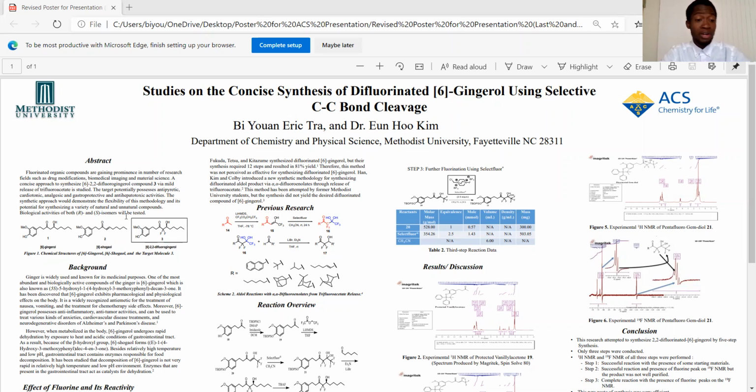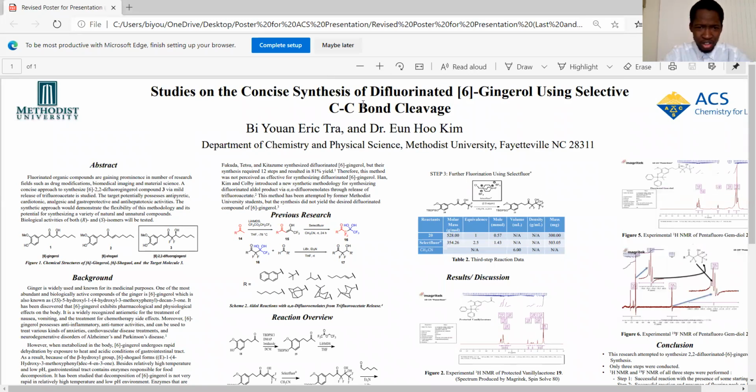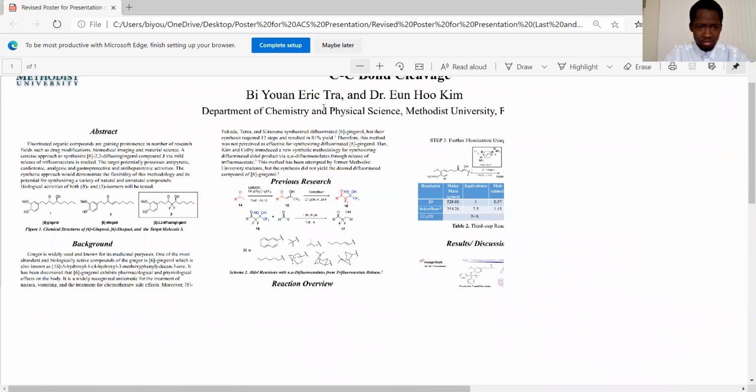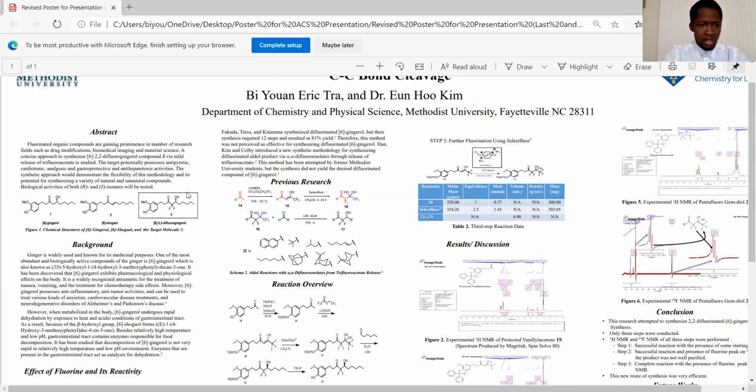Let's start with some background information about cisgengerol. Cisgengerol is the most biologically active constituent of ginger. It is found in the fresh rhizome of ginger, and the fresh rhizome of ginger can exist in multiple colors.